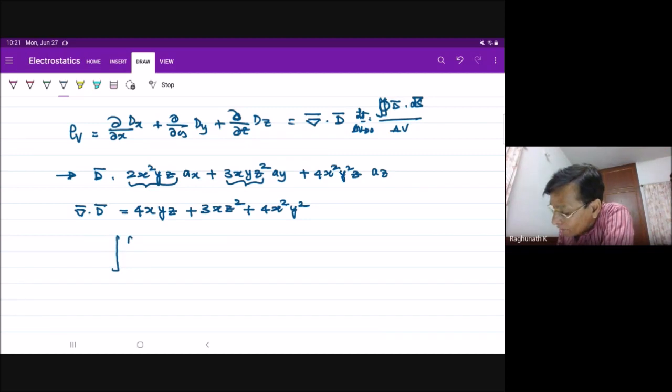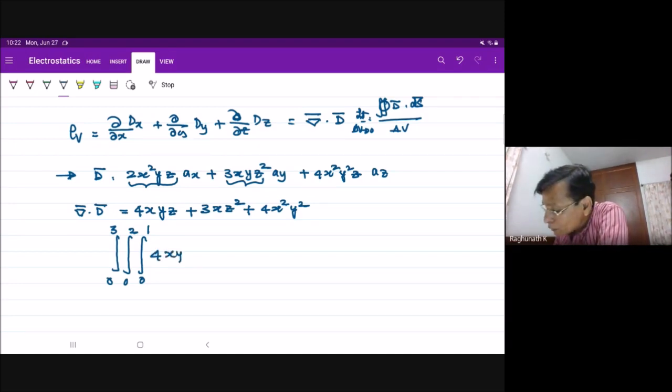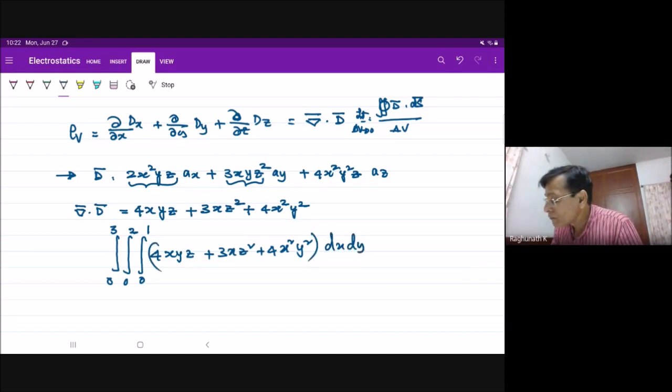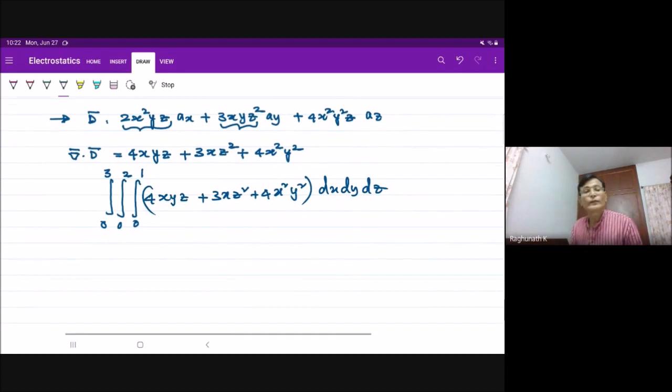Now check it. Triple integral, 0 to 1 in x, 0 to 2 in y, 0 to 3 in z is the volume. Rho v is 4xyz plus 3xz squared plus 4x squared y squared, dx dy dz. I took a complicated one only.